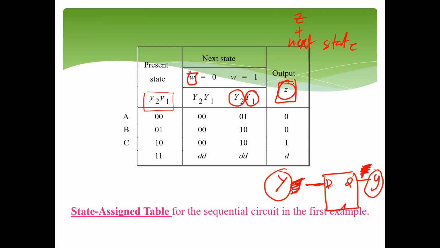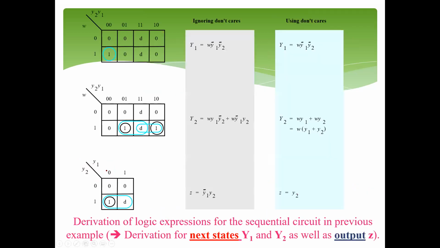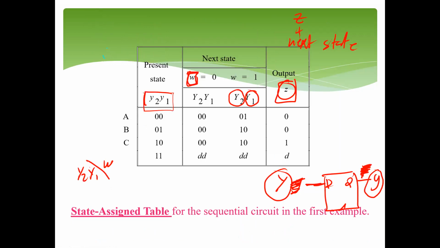Now let's do Z because it's the easiest of all. Z is obviously an output. I have 3 inputs: W, and the current state, which is Y2 and Y1. So the size of your K-map is going to be a 3 variable K-map. Let's match what they have in the slides.